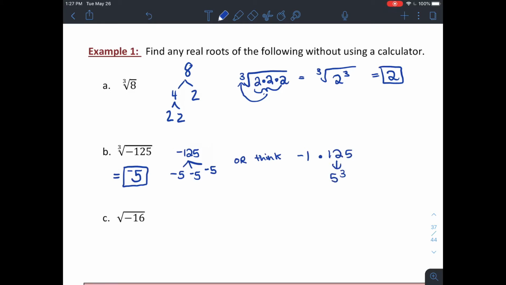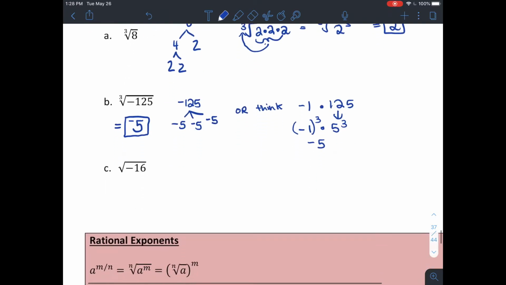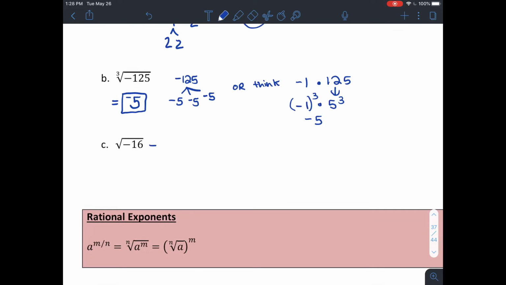And then you could break down your 125 into 3 factors of 5, and then negative 1 is an odd number of negative 1s, and get negative 1 times positive 5 is negative 5 that way. The sign of an odd root should match the sign of your original value inside of it.